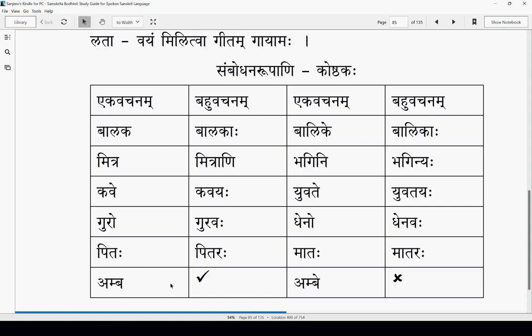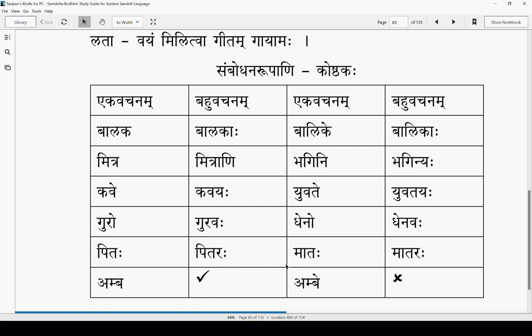However, only this Sambodhana is different. In Sambodhanam, what happens for Lata? Like you say, Balika becomes Balike, Lata becomes Late, Uma is Ume, but Amba becomes not Ambe, Amba only. So if you are using Amba for mother in place of Mataha or Matru, then in Sambodhanam you should use Amba. And Amba is easy to use rather than Matru.